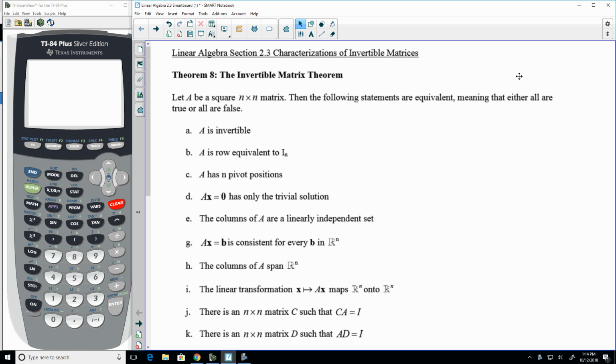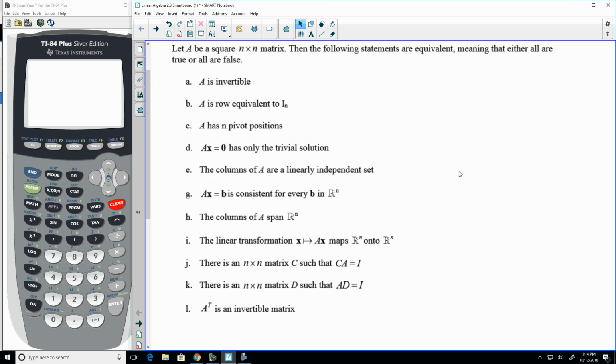And if it's an invertible square matrix, then when you row reduce it, you get the identity matrix, right? So we know things from our previous sections about row reducing a matrix and getting the identity. We have all these different properties, and all these properties are equivalent.